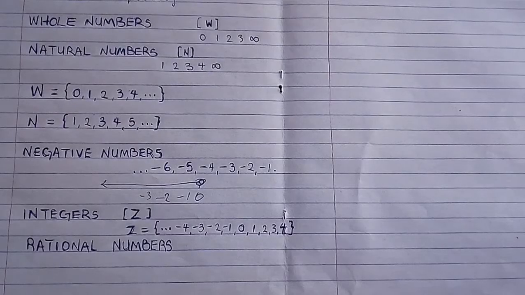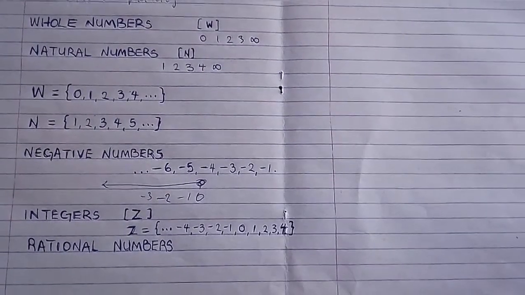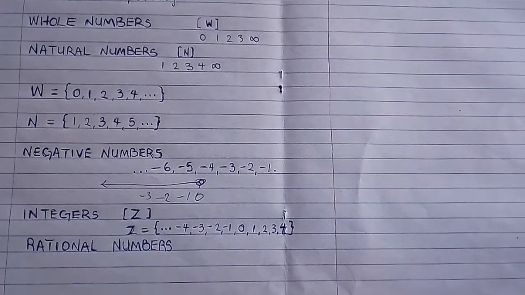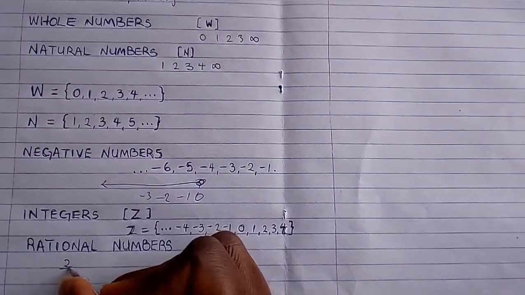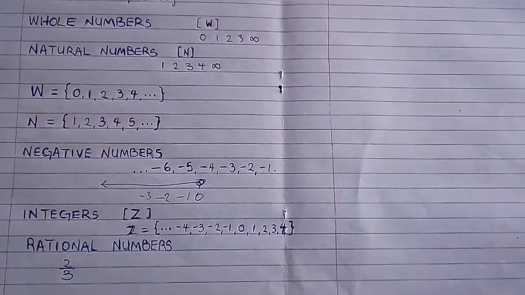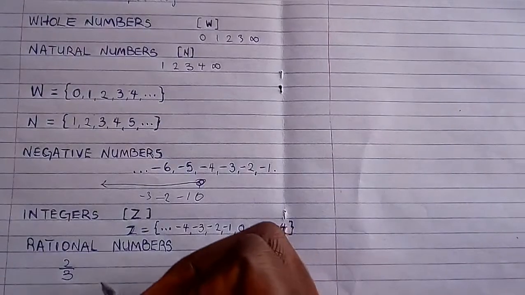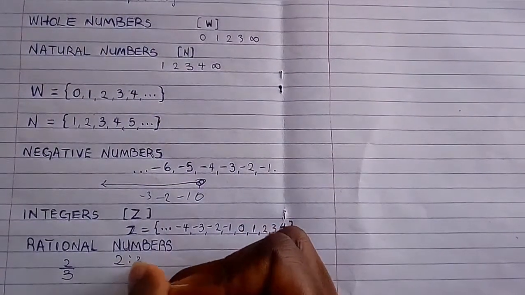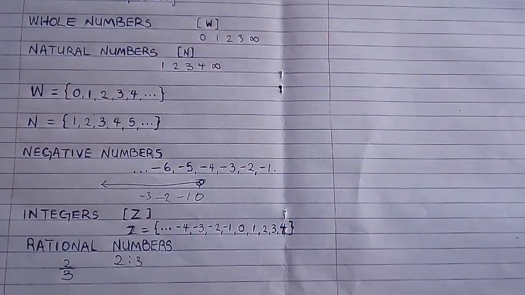Next classification are the rational numbers. Rational numbers are numbers that can be expressed in the form of a fraction or ratio. Let's take for example 2/3. In ratio we call 2/3, 2:3. So all these are rational numbers.